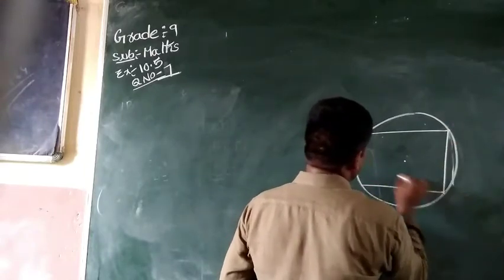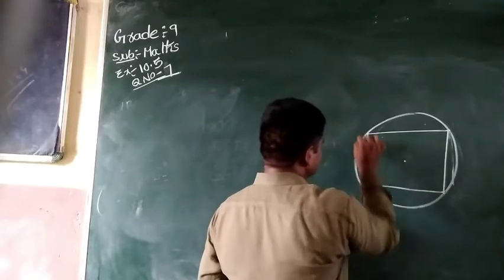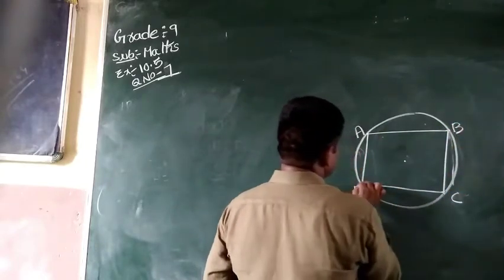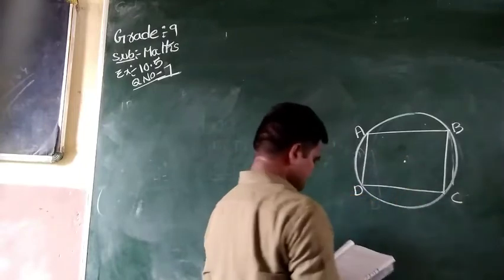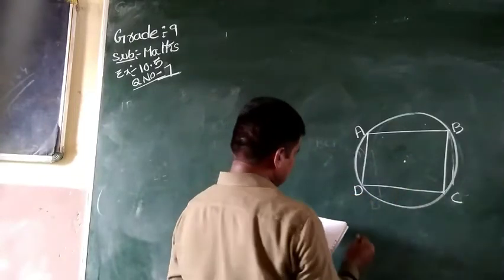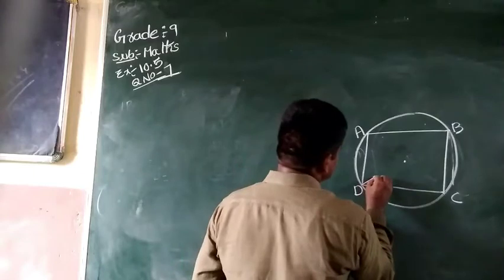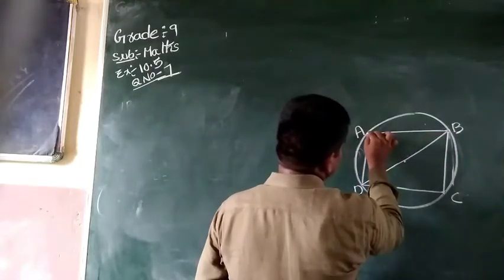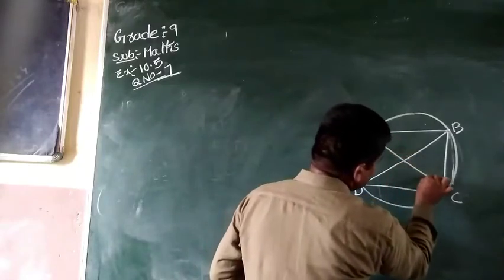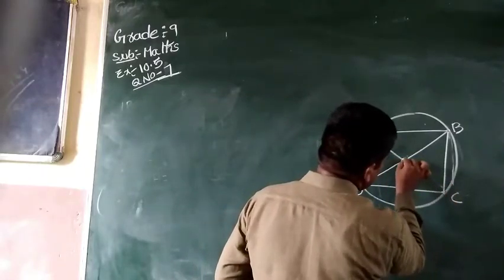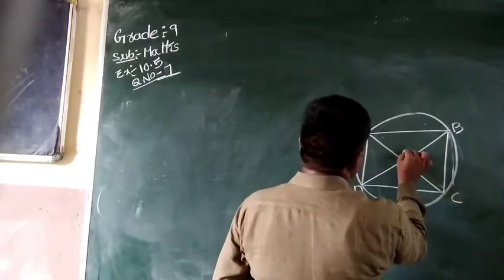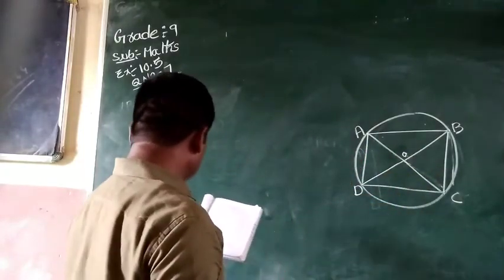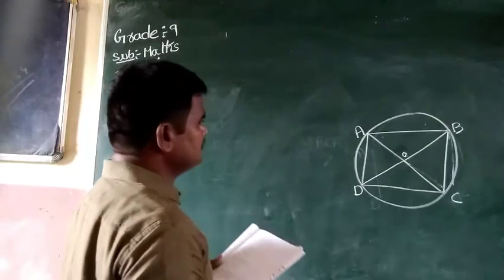The diagonals of the cyclic quadrilateral are diameters. AC is a diagonal and also a diameter. We have to prove that it is a rectangle.